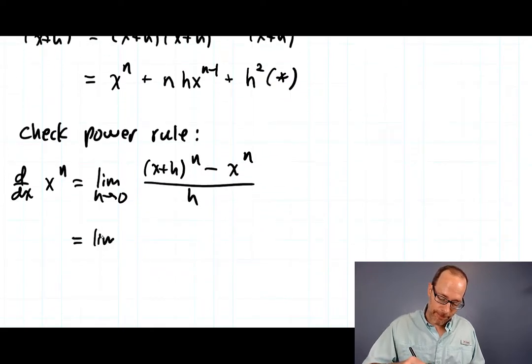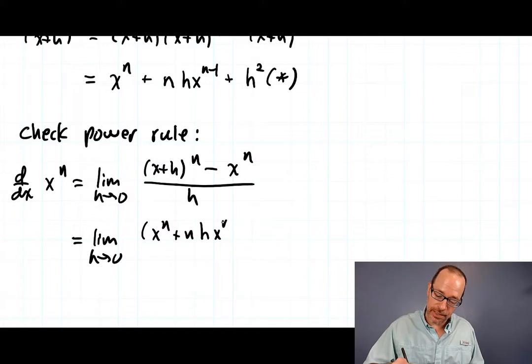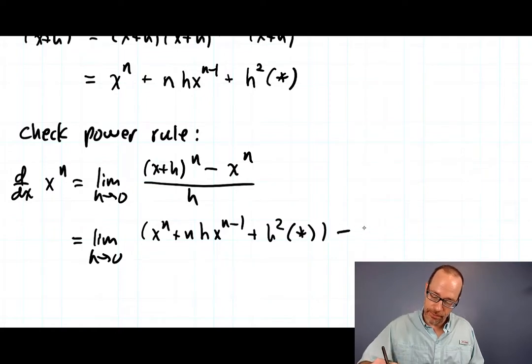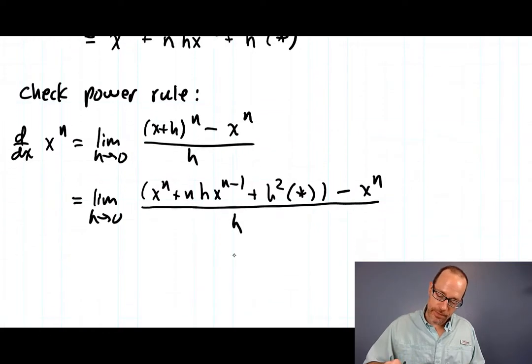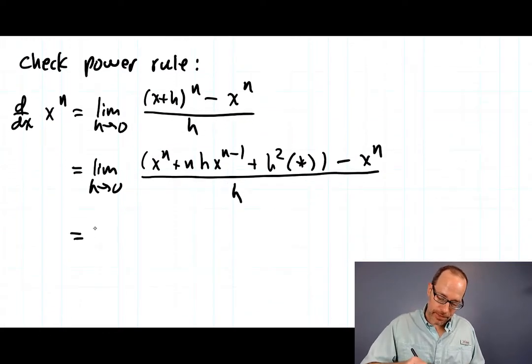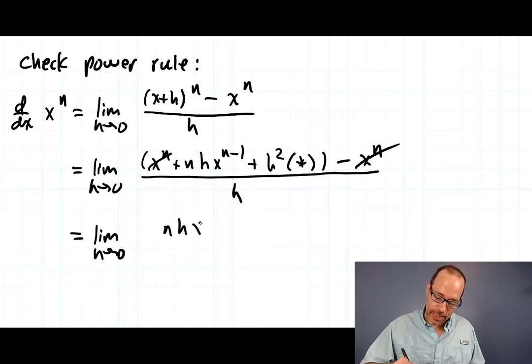So this is the limit as h goes to 0 of, from what we wrote above, x to the n, plus n h x to the n minus 1, plus stuff that at least has h squared terms in it or higher, and then minus x to the n, all over h. Okay, so the x to the n's cancel, and so we have n h x to the n minus 1 plus h squared times a bunch of other stuff, all over h.